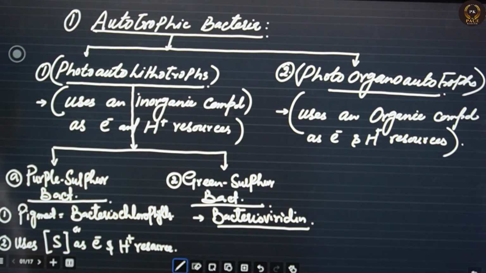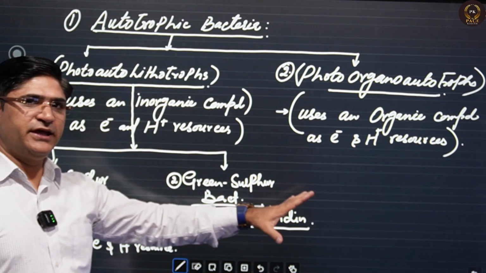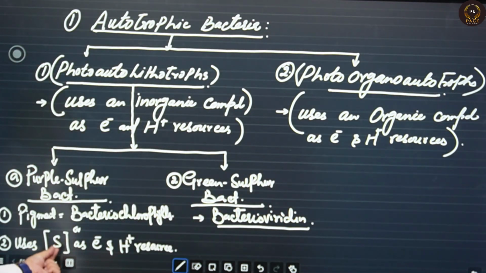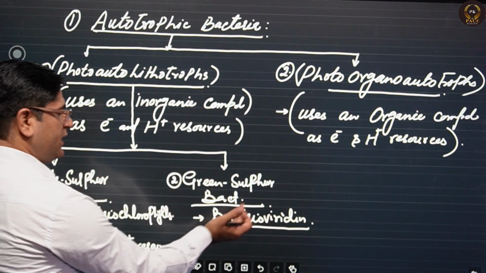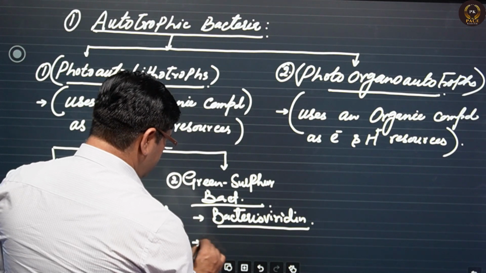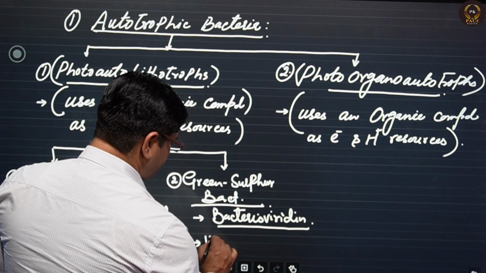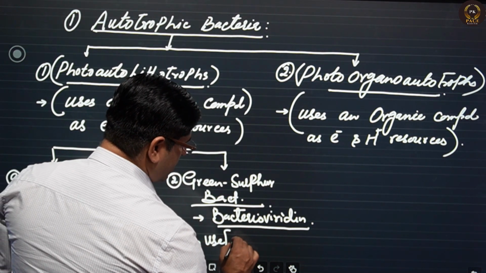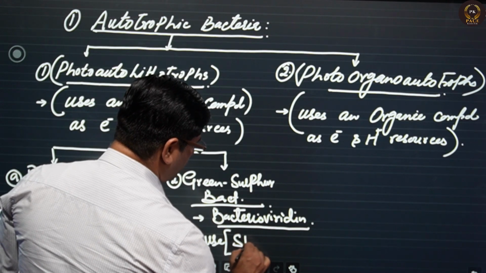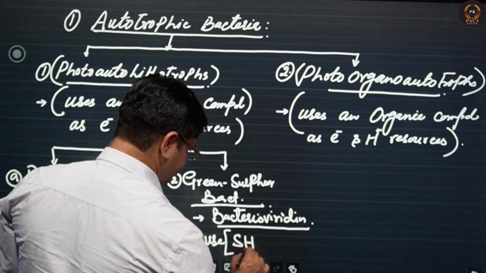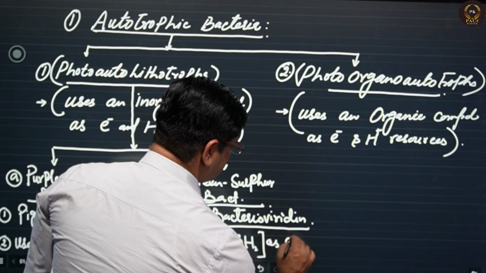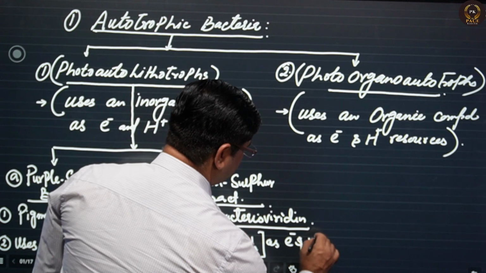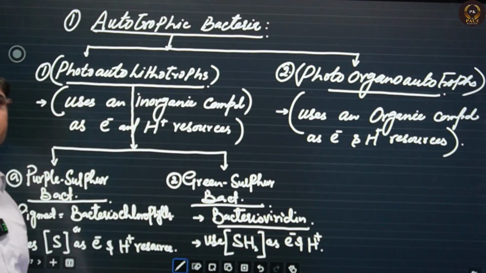So these bacteria, like I have shown in the reaction, use the inorganic sulfur as electron and proton resource. Similarly, the green sulfur bacteria use thiosulfate or hydrogen sulfide as electron and proton resources.